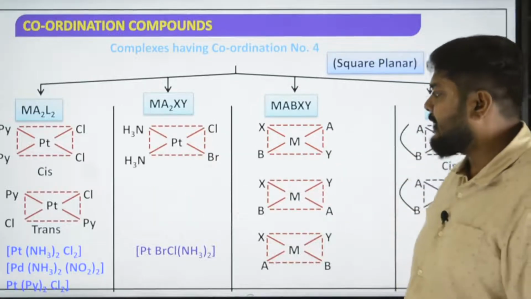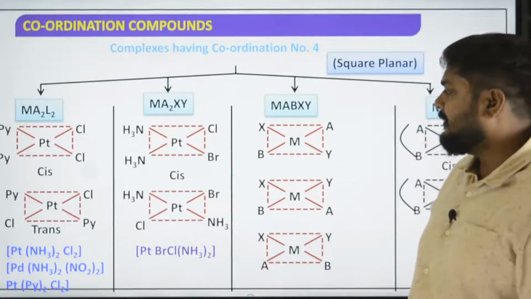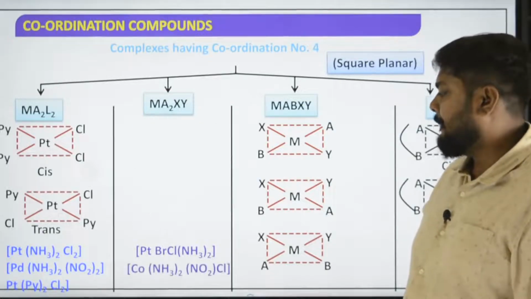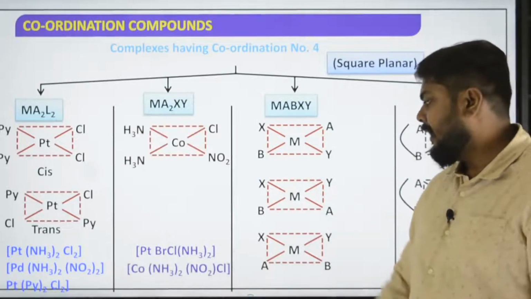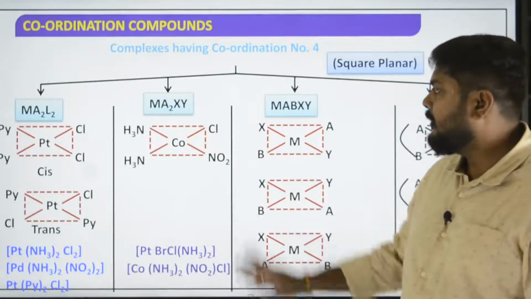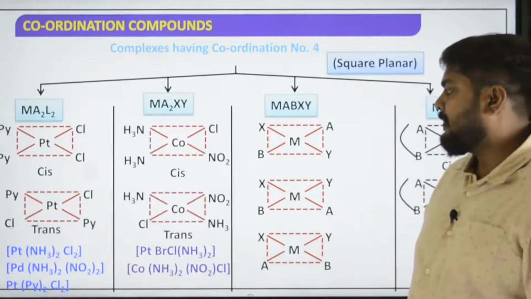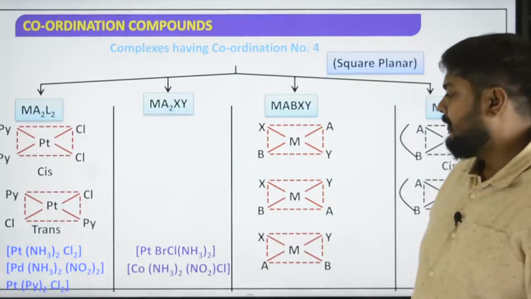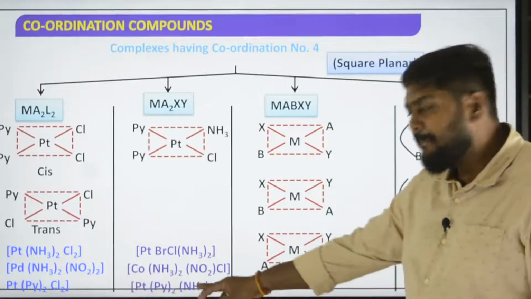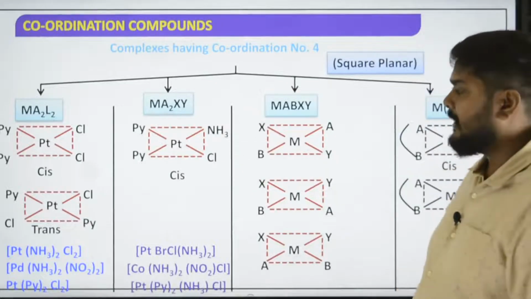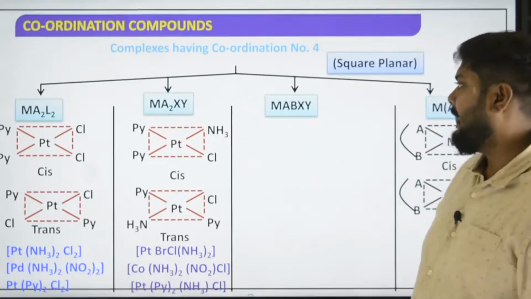NH3 is the same side cis, opposite side trans, right? Second example, Co(NH3)2(NO2)Cl, right? So இதுலயும் NH3 same side cis, NH3 opposite side trans, right? Third example, Pt(py)2(NH3)Cl, py is in same side cis, opposite side trans.